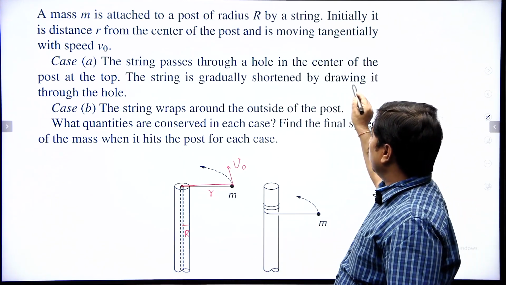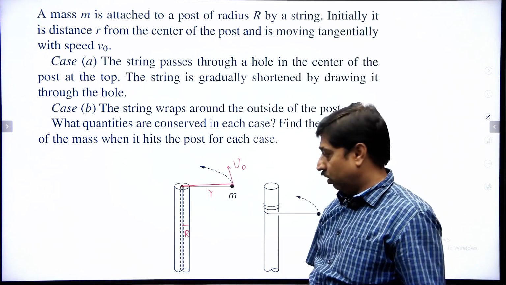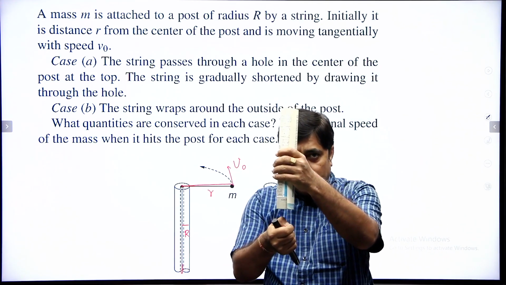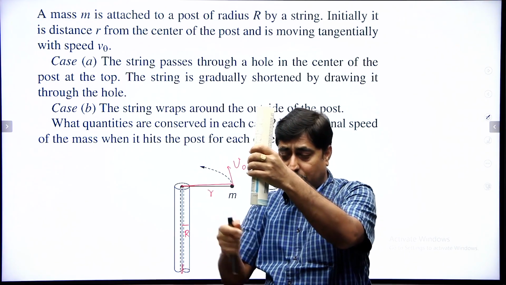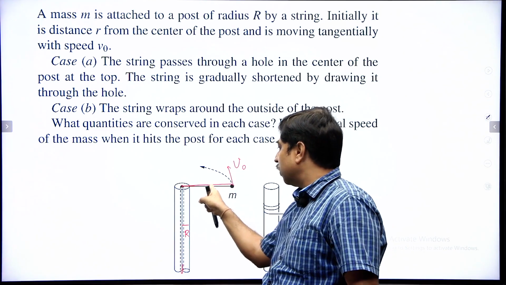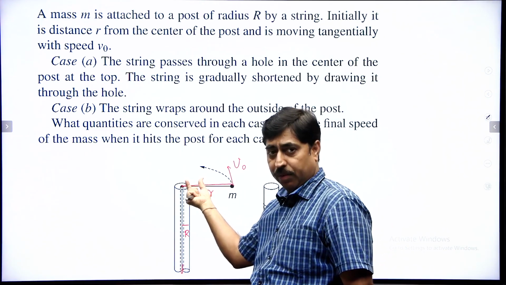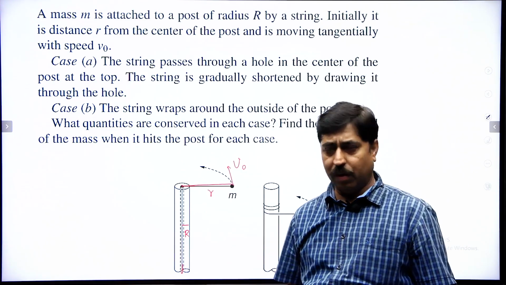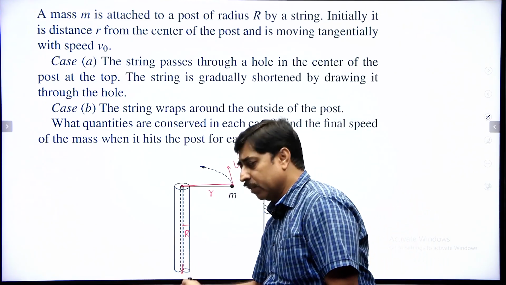The string is gradually shortened by drawing it through the hole. Now, this string is passing here. If somebody just pulls the string gradually, the string will get smaller in length. So, this mass is initially rotating with some initial speed v naught, and you start pulling this string down.